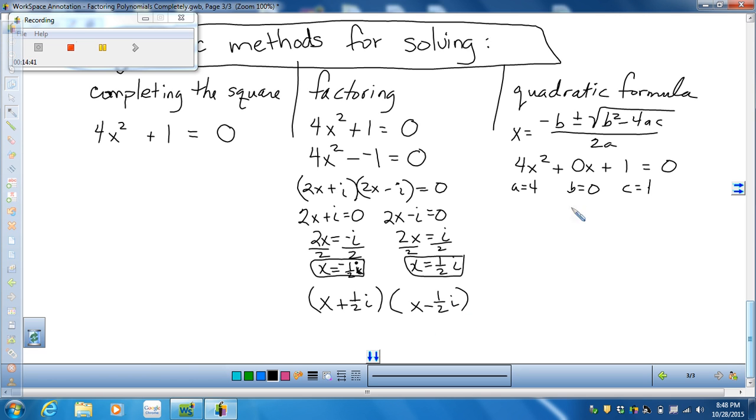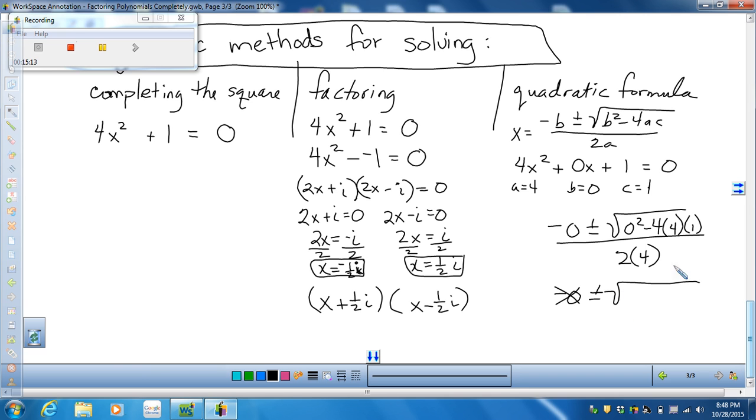Alright, if you're doing it by quadratic formula, a is 4, b is 0, c is 1, plugging in, we get -0 plus or minus the square root of 0 squared minus 4 times 4 times 1, all over 2 times 4. Simplifying, you have negative 0 plus or minus, which the 0 is just really not there. Inside, we have 0 take away 16, which is a negative 16.